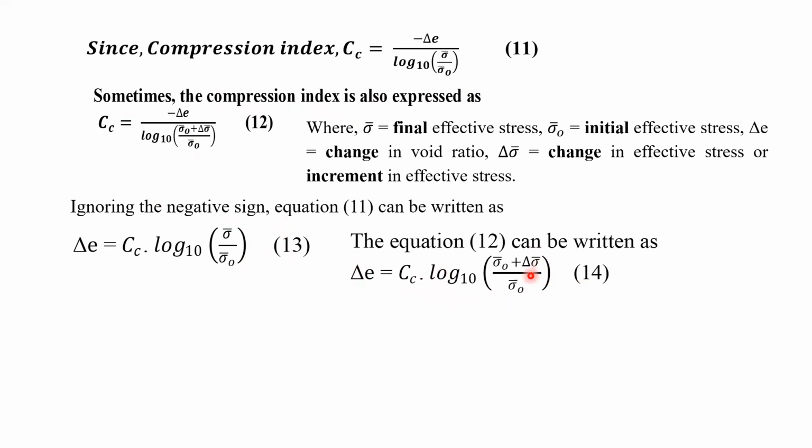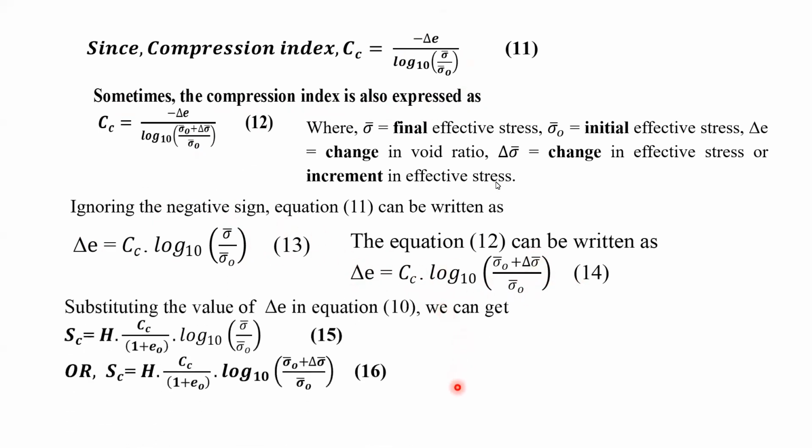So equations 13 and 14 we can see. So substituting the values of delta e in equation 10, right? This is equation 10. If you substitute the delta e value, we can get this equation, Sc is equal to this much, equation number 15.